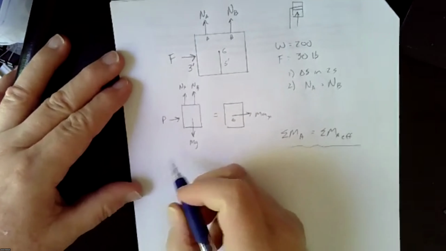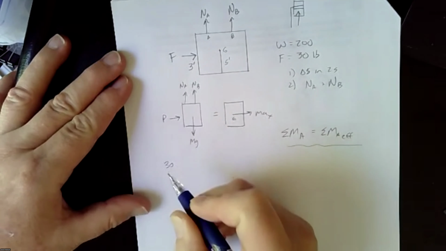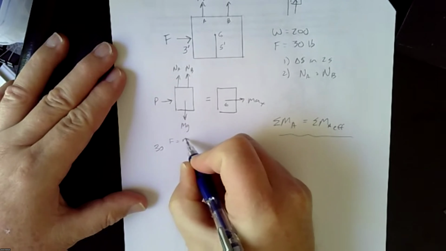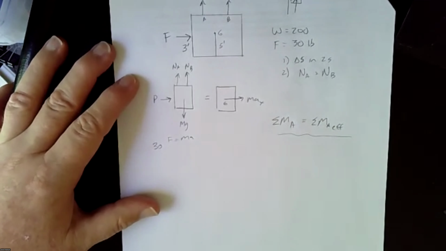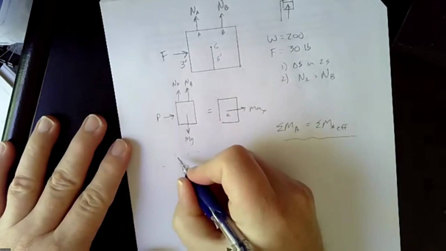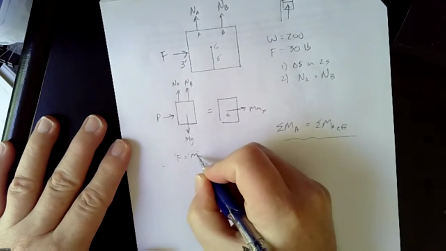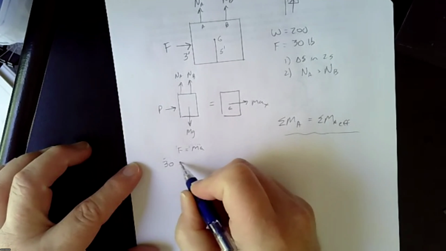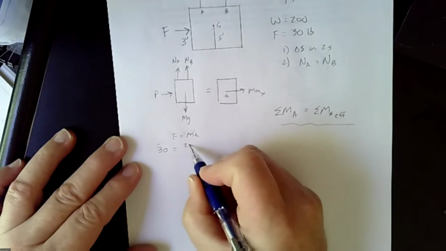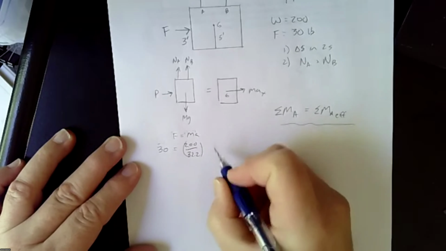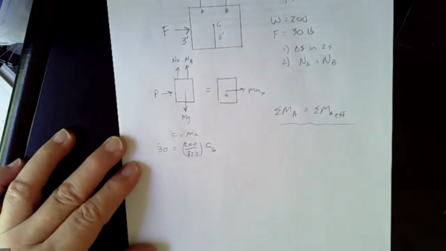Now, we know that it's 30 pounds. That's our force. So F equals ma, right? So we have 30 equals 200 over 32.2 for the mass, times a_G. So not too hard.